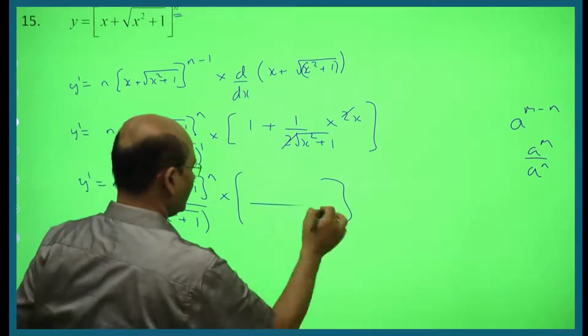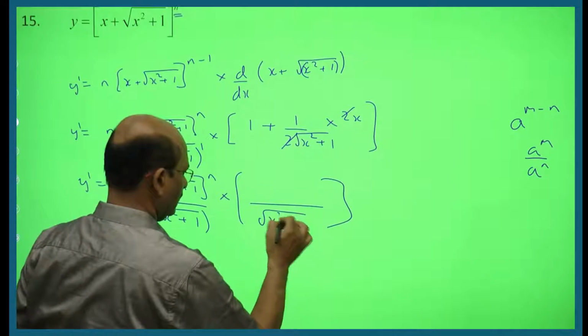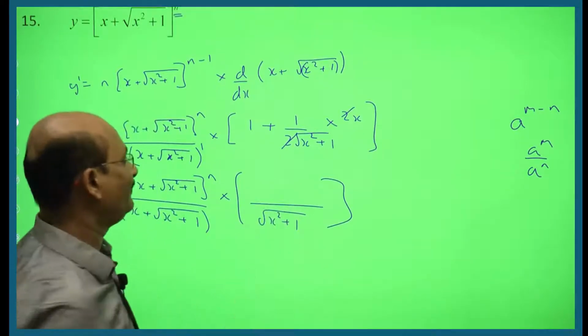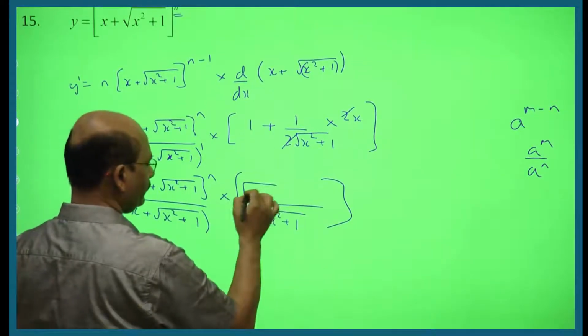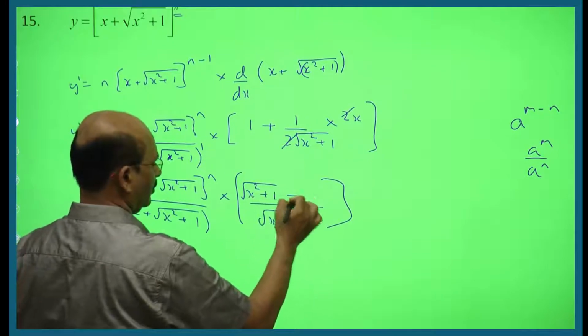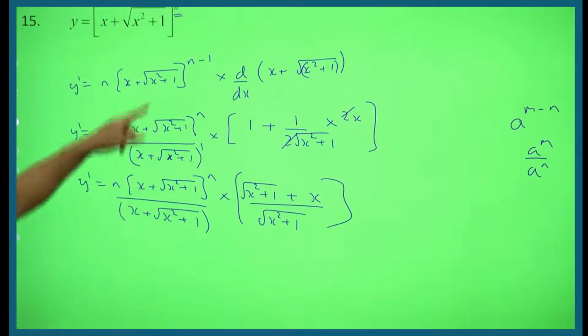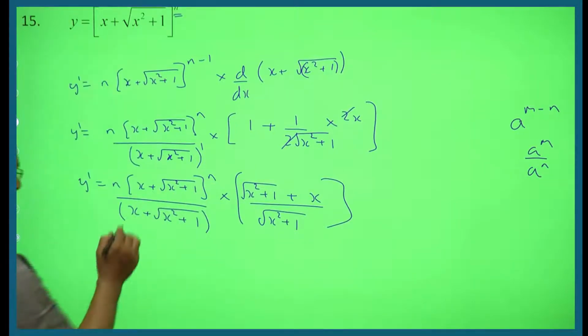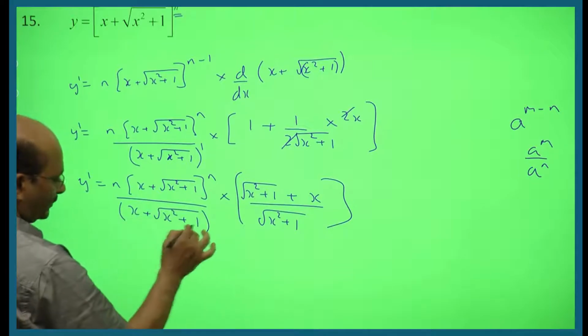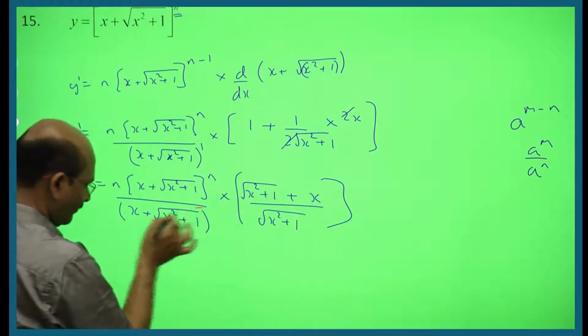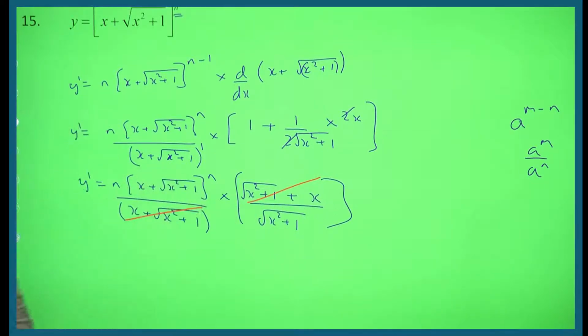LCM will be root of x square plus 1, cross multiply. Now you will understand why I wrote that down. I will apply that rule, because if you see this now, there is a multiplication sign, x plus root of x square plus 1 times x. So this completely gets cancelled, and what is left out, that will be the answer.